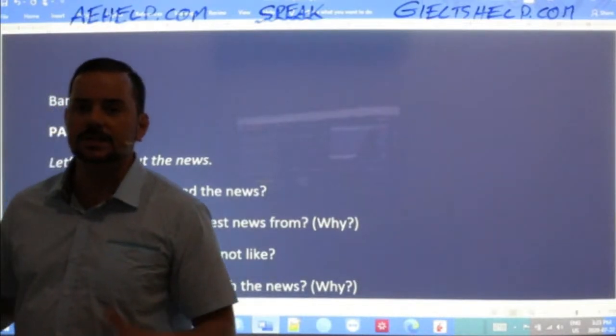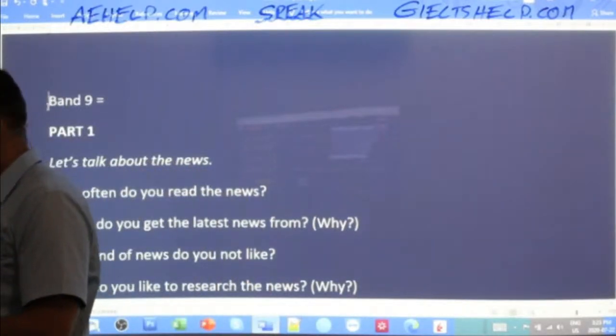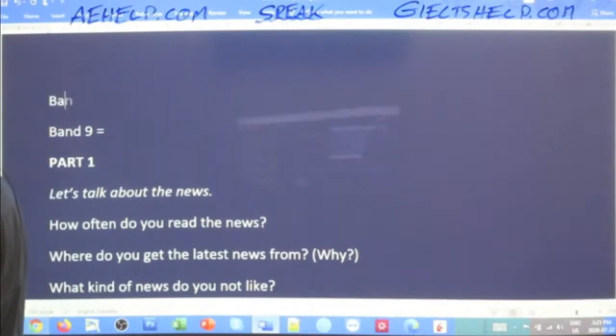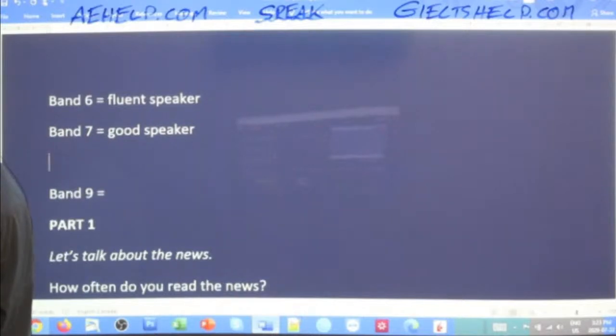So what is it classed as? I'll give you a hint of what I mean. So the way that IELTS says this is band 6 is what's called a fluent speaker. Okay, band 7 is what's called a good speaker or good user, they say.